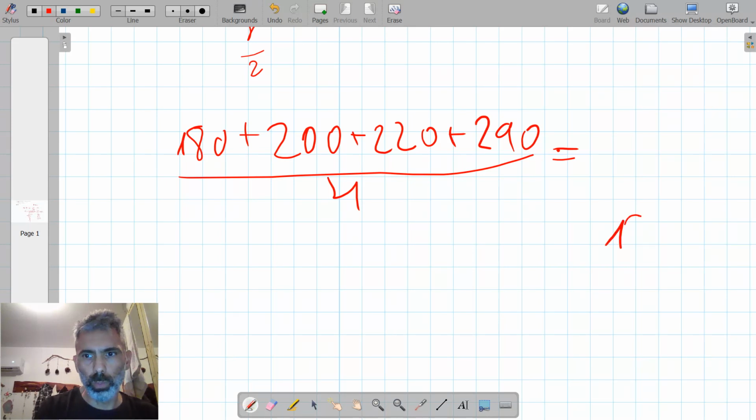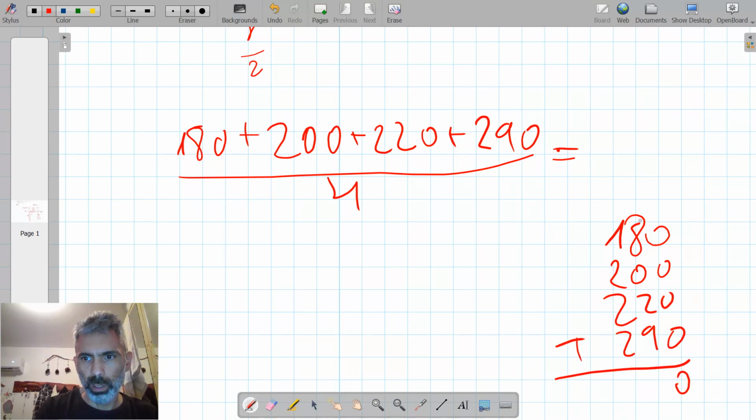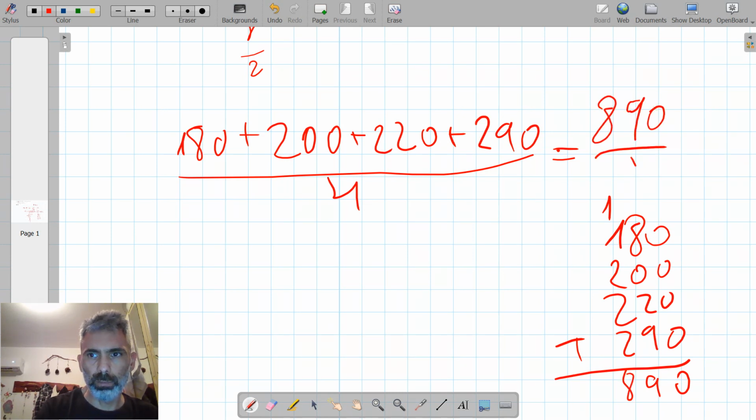Okay, so 180 plus 200 plus 220 plus 290. 8 plus 2 is 10, 10 plus 9 is 19, and here we have 6 plus 2 is 8, so we have 890 divided by 4.